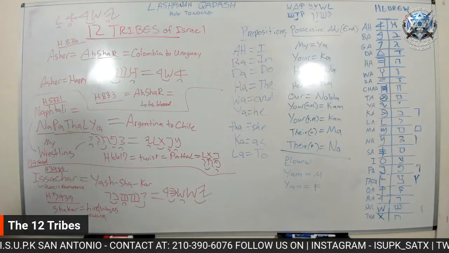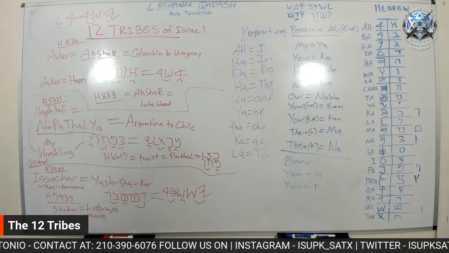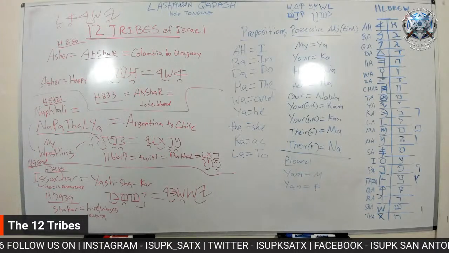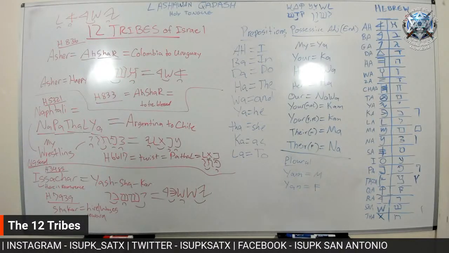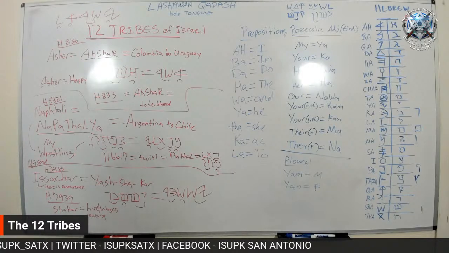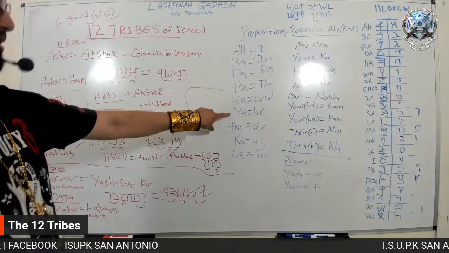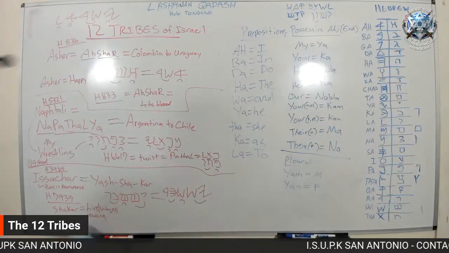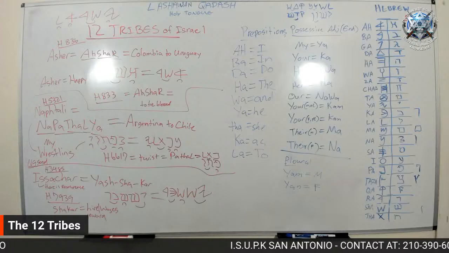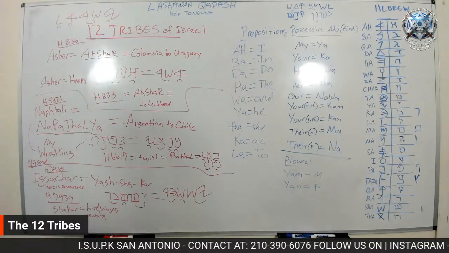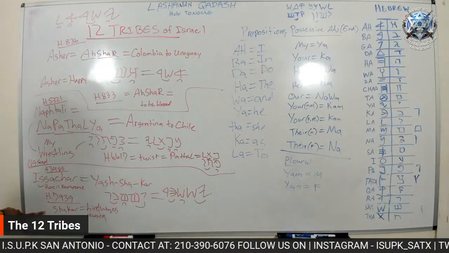So Shakar is the root word, which is H7939, which means hire. Okay? You understand? Yah means he. And in this particular case, Shah must mean hire. So he hires, that's basically what it's saying.